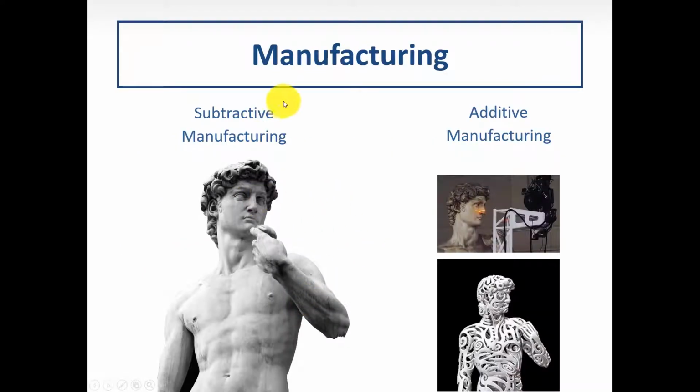Let us first clarify the difference between subtractive and additive manufacturing. So here we have a creation from Michelangelo, to which he subtracted material, very skillful, in order to create what we call the David or David. And here we also have another David, but this David was created in the opposite manner.